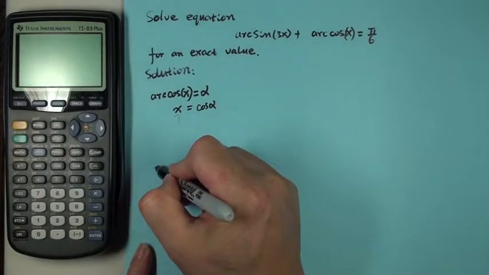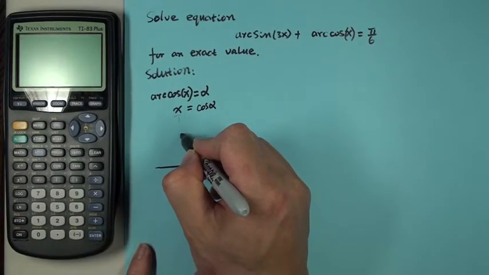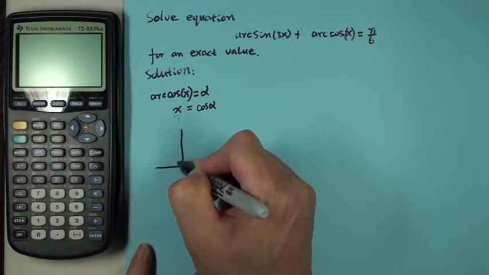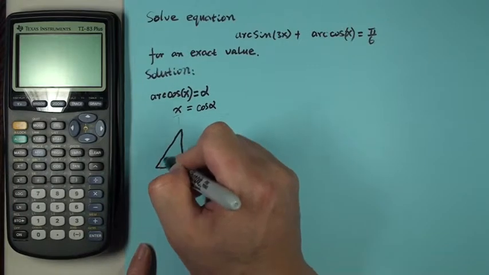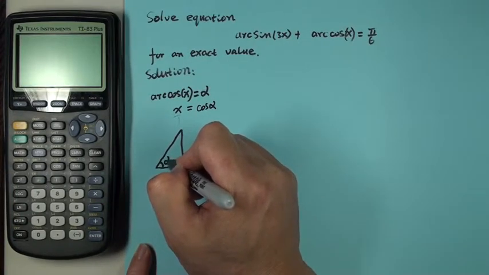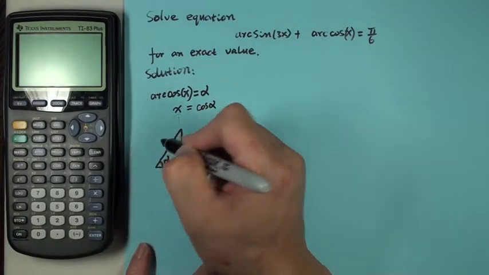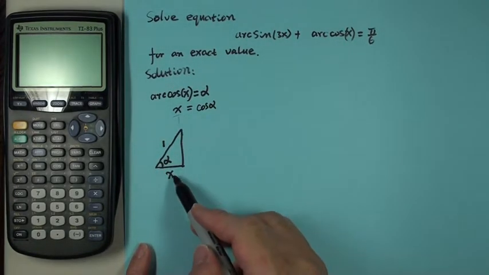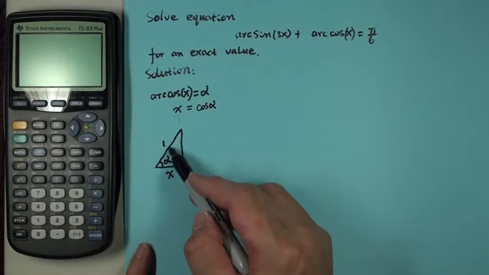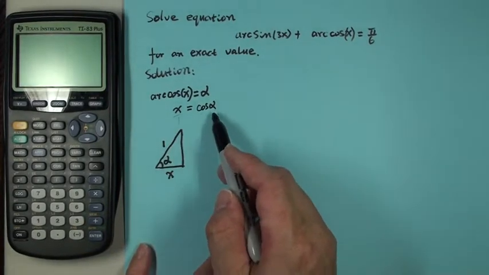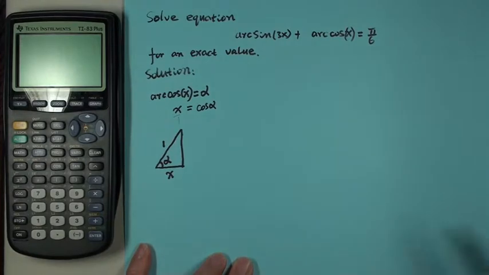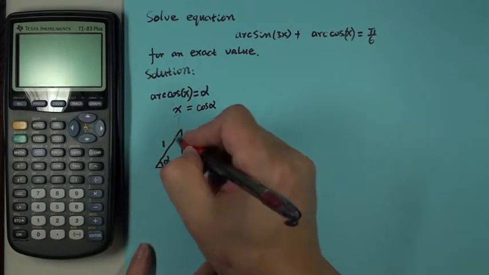Look. If you look at this triangle, and if you put alpha here, and here is x, the hypotenuse will be 1. Then you know adjacent over hypotenuse is cosine alpha. And how long is this side?